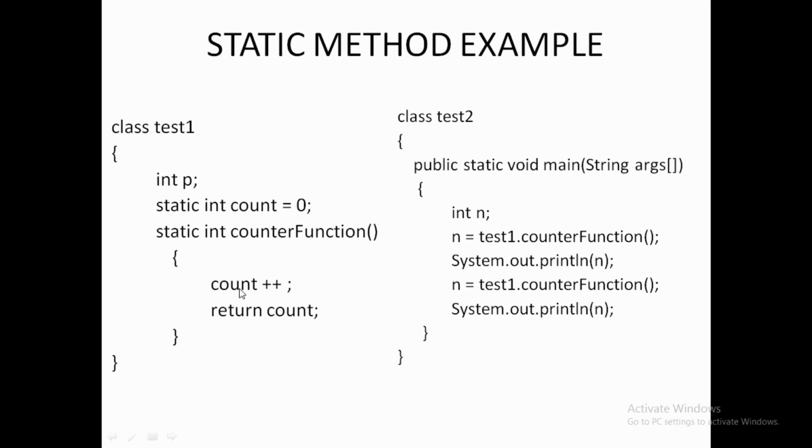You can try on your system or PC to use the variable p inside this counter function and compile it to see what exactly the error is, or whether any error occurs or not.